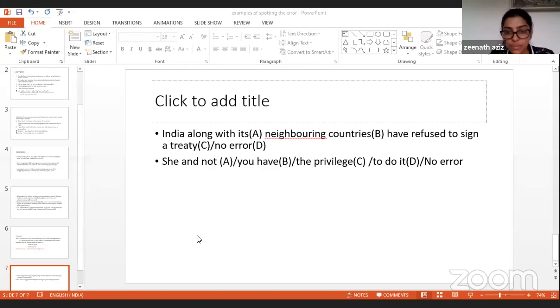Ma'am, but in that GAT paper, there is no spot the error. Dolas is saying in the GAT paper there is no spot the error. No, in the GAT paper, the first question is spotting the error. Do you have that page? I'm asking, do you have that paper with you? Then the second question is sentence improvement.